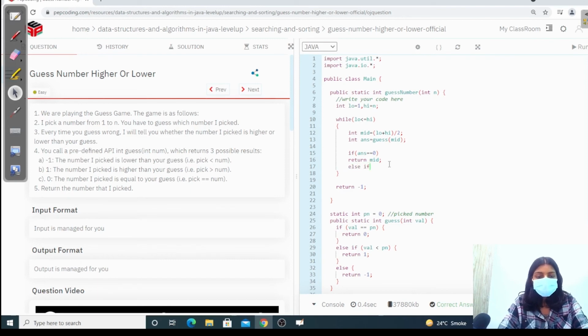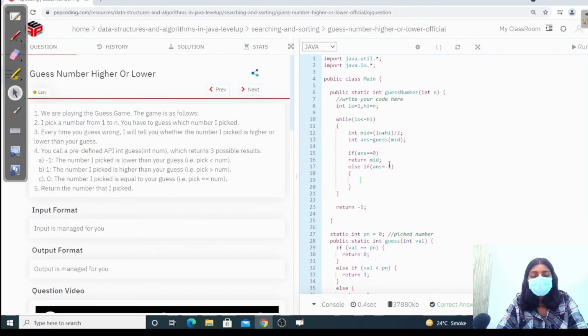Else, what are the other possible values? That is -1 and 1. If my answer gives me -1, what do I have to do? It means my picked number is lower than my guessed number, so I have to decrease my high to mid -1.